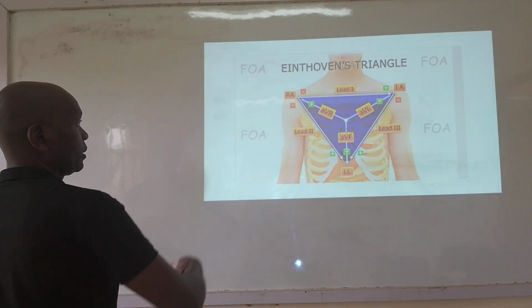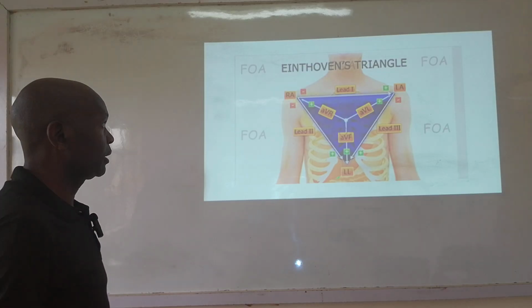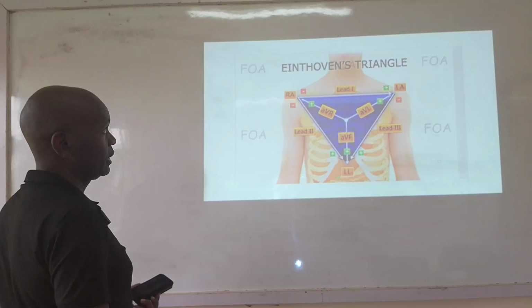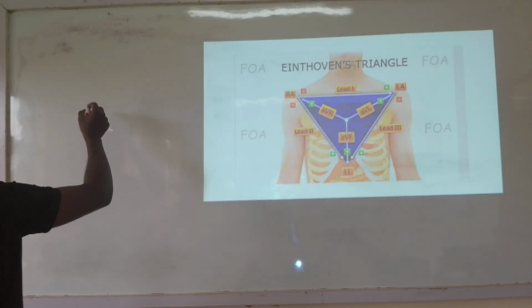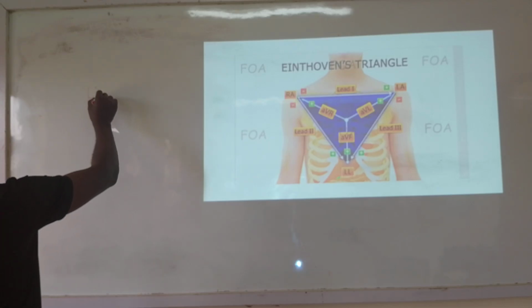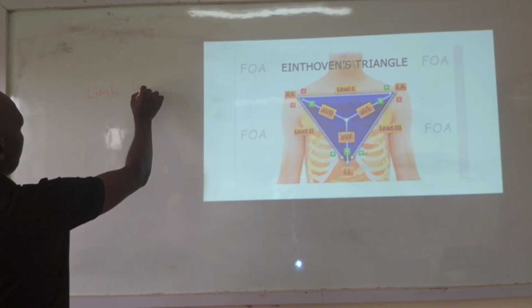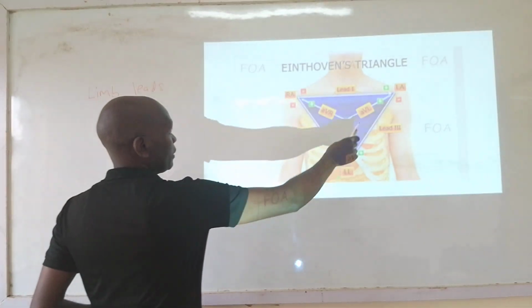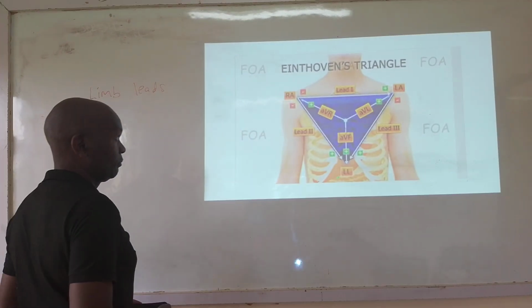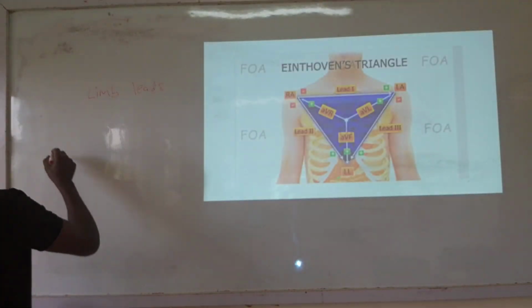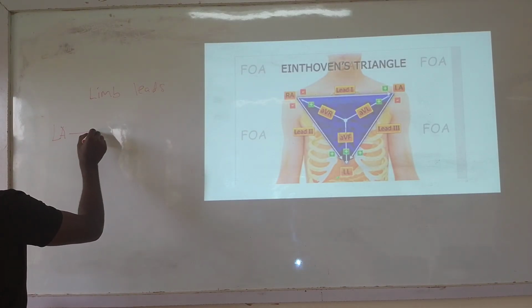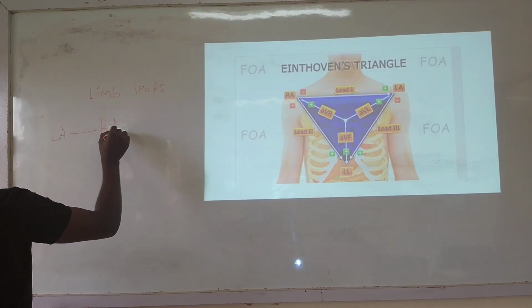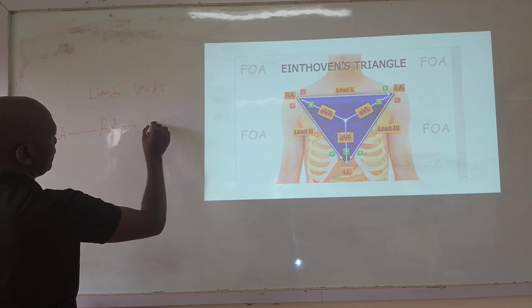So let's see, what is this triangle talking about? This triangle is demonstrating the limb leads. Limb leads. When you connect an electrode from the left arm to the right arm, this one will give you lead 1.